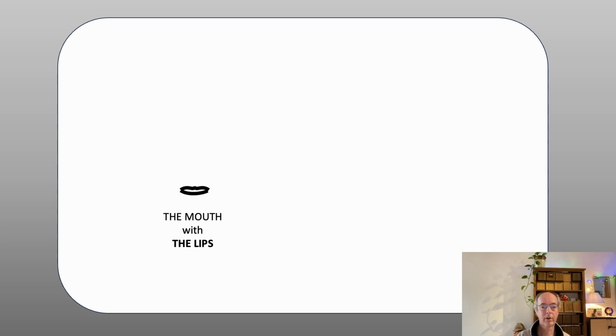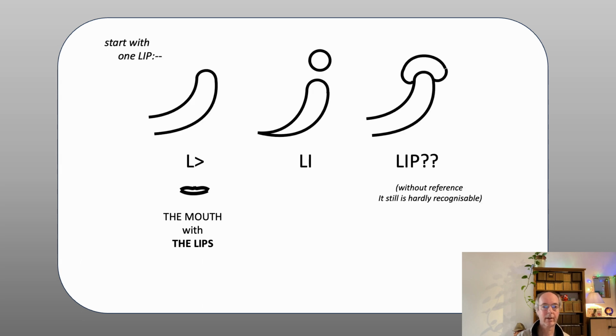So now we go over to the lips. The L is the formation of something, of a form, as you can see here. The LI is something new coming out, something from outside is coming out, and the lip, the P, will put that new thing on top of it.